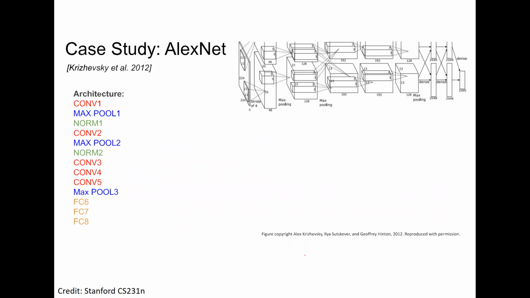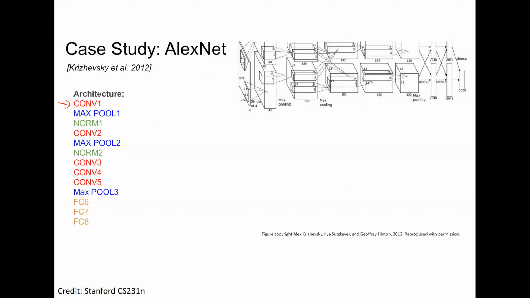Okay, we're going to have a look at the very first CNN architecture that revolutionized the ImageNet competition. The architecture is somewhat simple. It contains 8 layers.